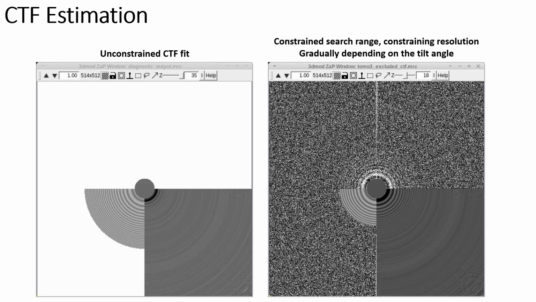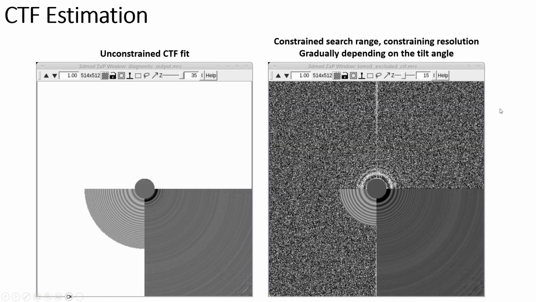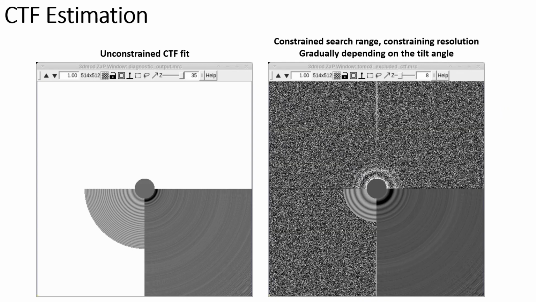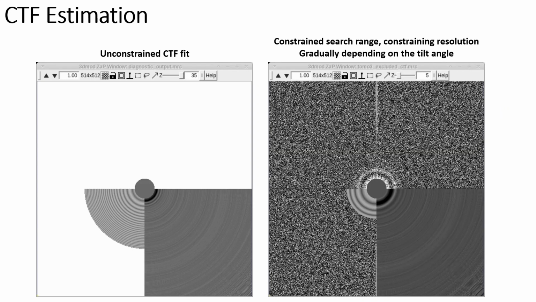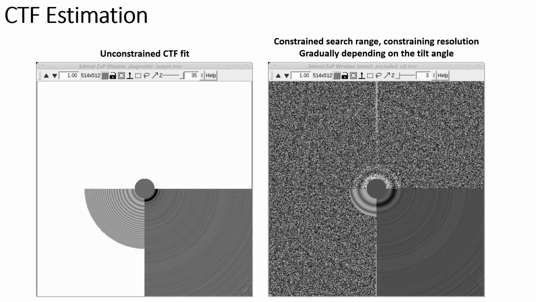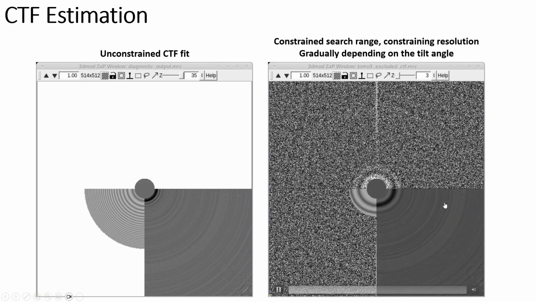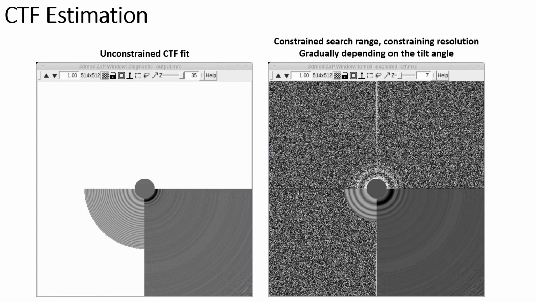As well, we restrict to what frequencies, to what resolution, it should be fitted. So here we can see that our defocus is fitted to lower resolution than here, as well as having a constrained defocus search range. And here you can see that from the same tilt series, you can get very nicely fitted Thon rings at low frequencies, while ignoring the high frequencies, which are not very reliable at high tilt angles.